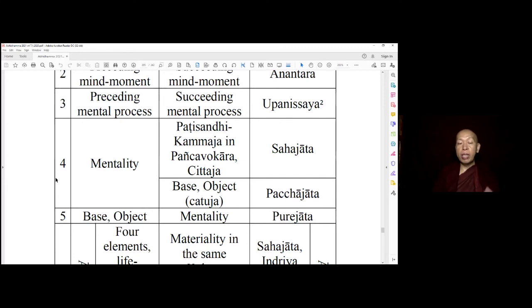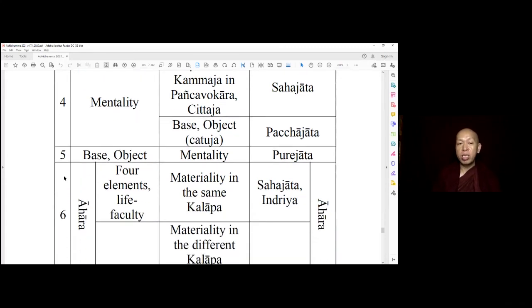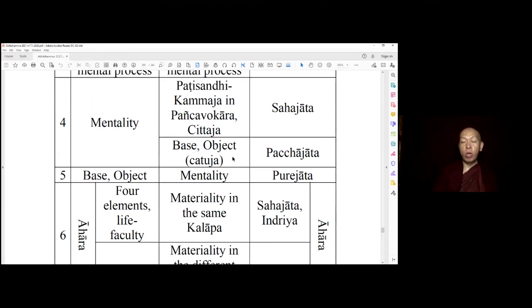Then another one is mentality to base and objects, where we also say Catuja rupas. Now you have number 4. Base and objects, and we also say Catuja rupas, right? Catuja rupas means the four producing causes of rupas: kamma, consciousness, nutriment, and temperature.